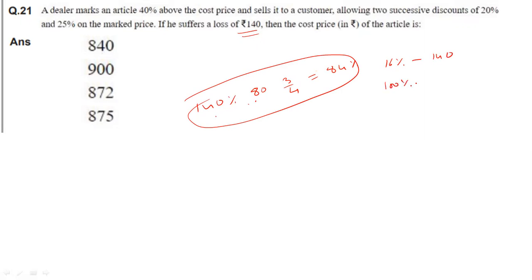What is 100% equal to? 100% equal to 140 into 100 by 16. So this is what is asking us to calculate. I can say this is 20, so 25 0s and 2 8s, or I can say 25 2s and 2 4s. 4 1s, 4 35s. 35 into 25 should end with 5. So this is the only option possible. Go to the next question.